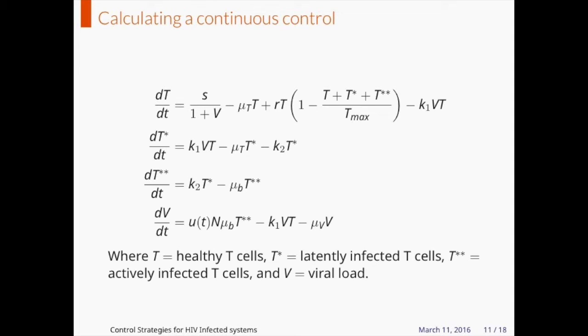Here, U represents the level of chemotherapy that the patient received. U can vary continuously from 0 to 1, where 0 represents full treatment and 1 represents no treatment.